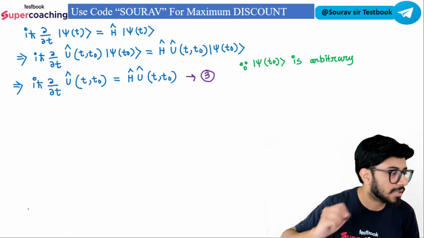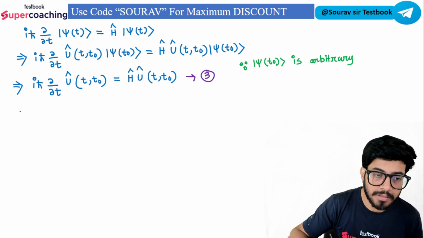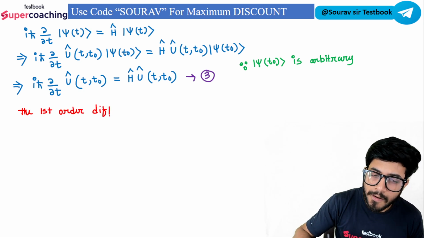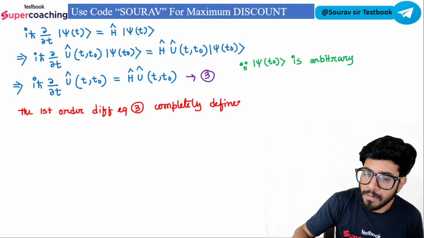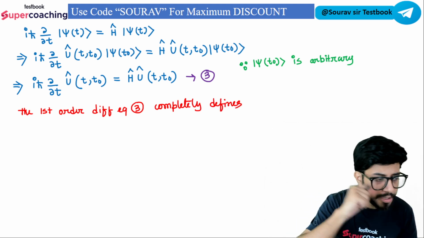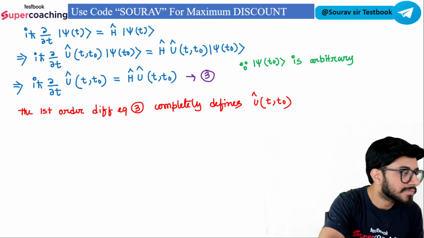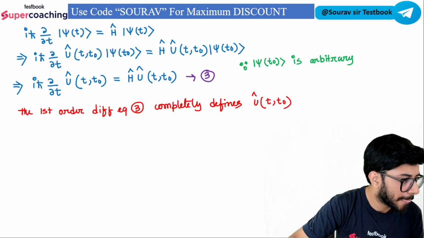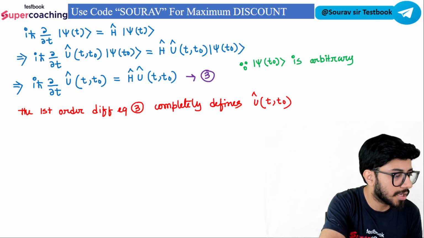I can simply mention that the first order differential equation 3 completely defines u of t comma t0, in a very natural way, together with the initial condition.